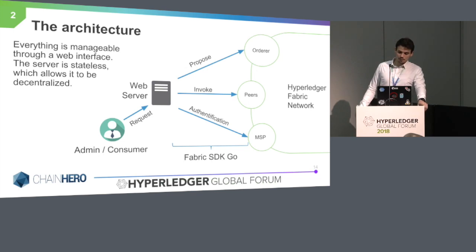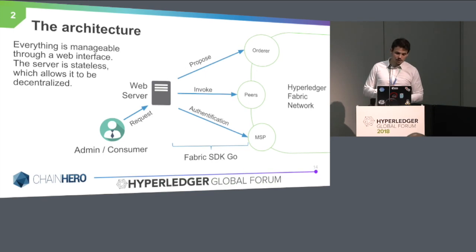So, using this kind of architecture allows us to deploy this web server everywhere, and all information is stored in the Hyperledger Fabric network.